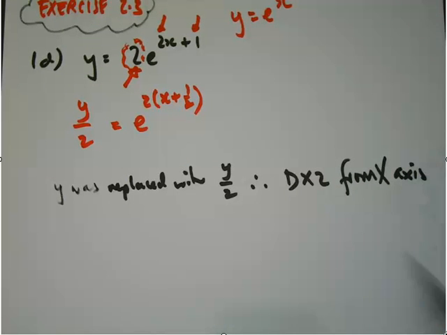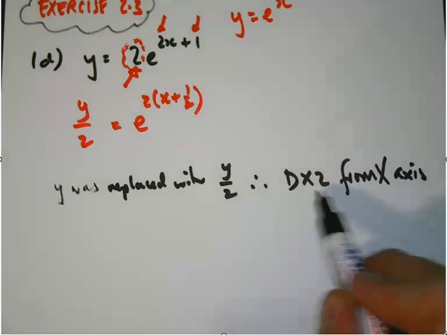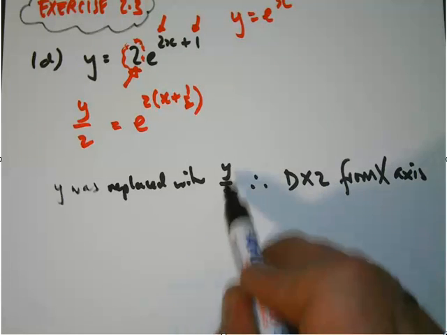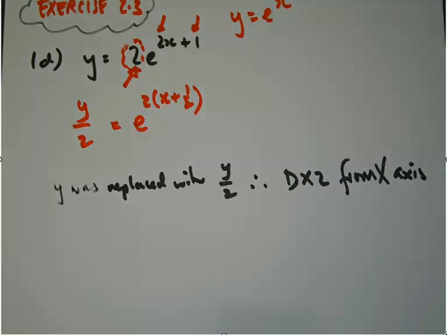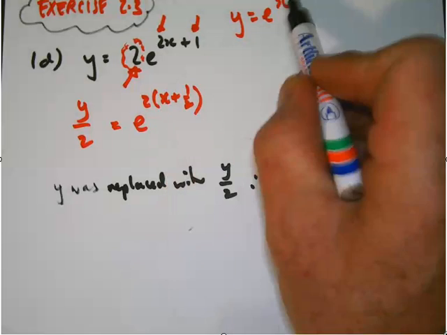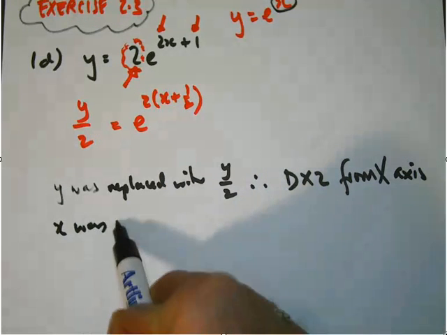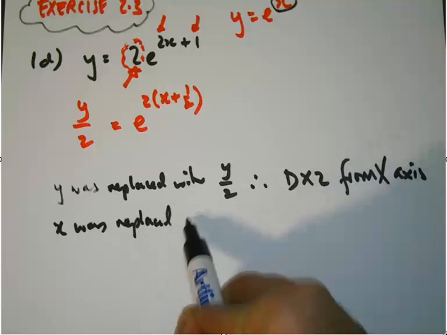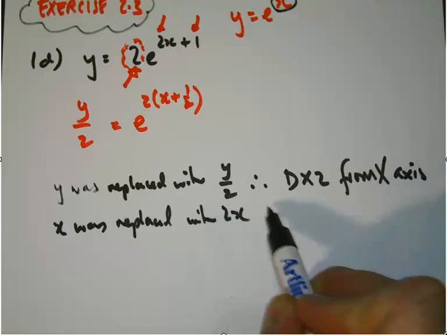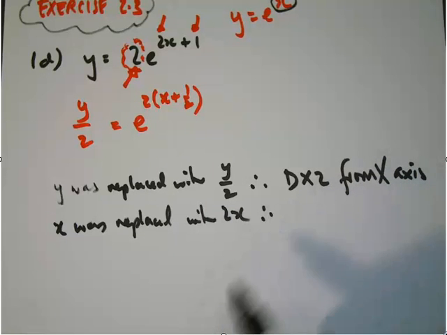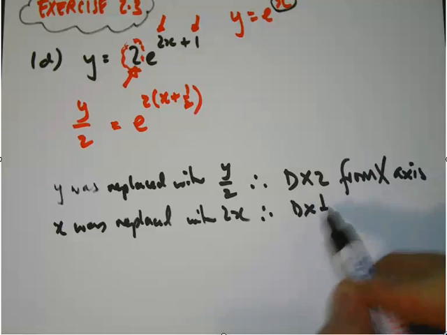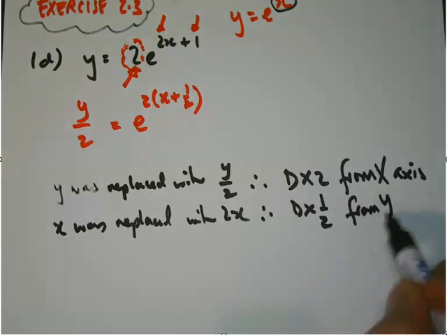Notice the opposite. That was a half, so it's a dilation by 2. That was about y, so therefore it's from the x-axis. Here, x became 2x, so x was replaced with 2x. Therefore, the dilation is by a half from the y-axis.